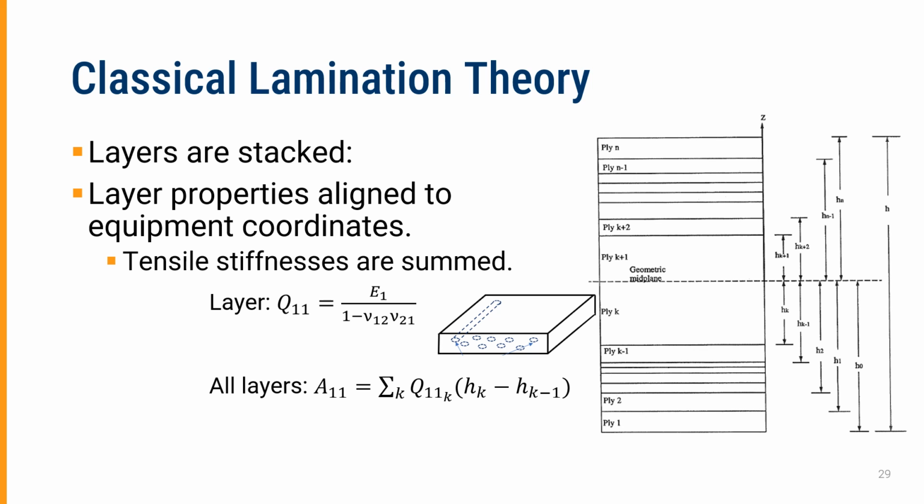All of these are coordinated or aligned to the same coordinates, all layers. We then sum them and weight them by their thickness. So for example, for ply K, it becomes the thickness of ply K times the stiffness of ply K, and then adds to all of the other plies.